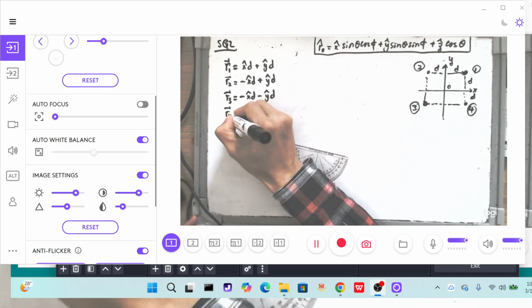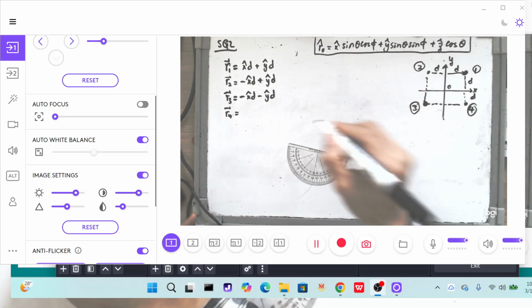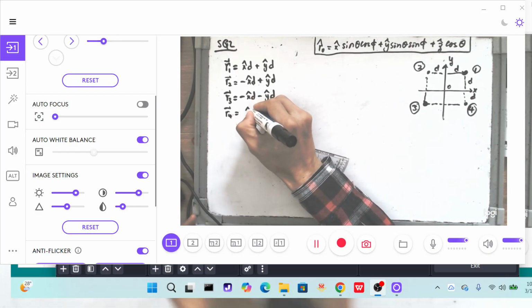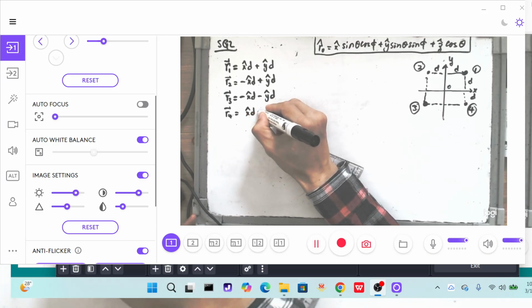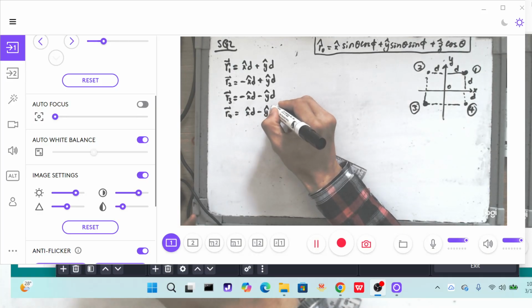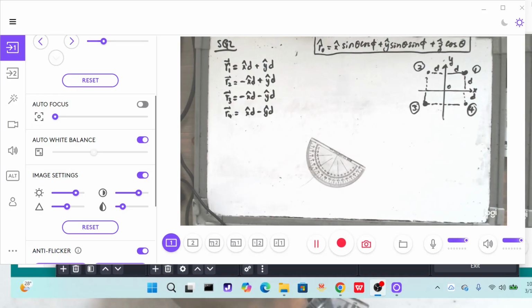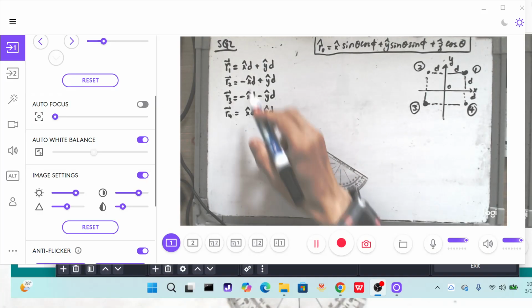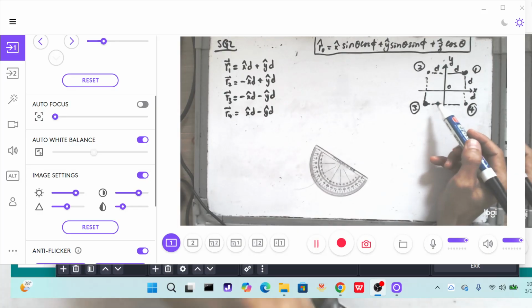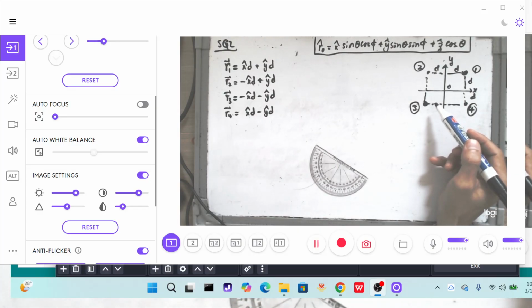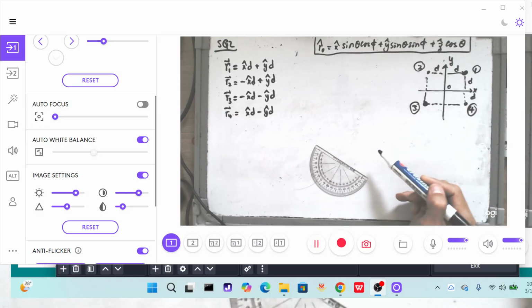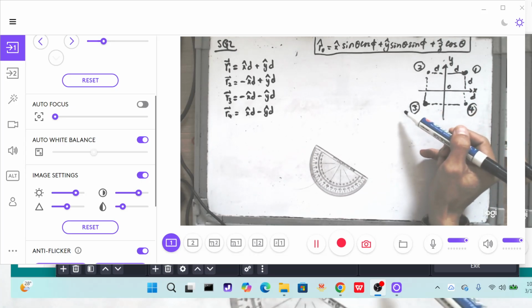We have x hat d, and then minus y hat d. So now we have managed to use vectors to represent the xy coordinates of all the antennas.